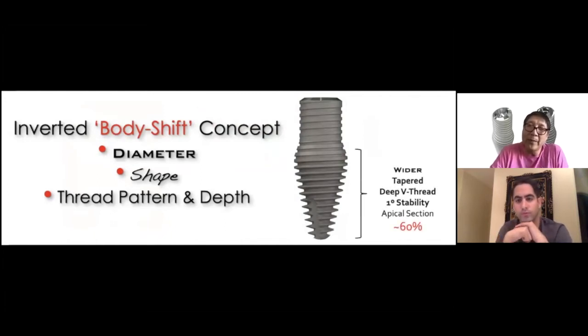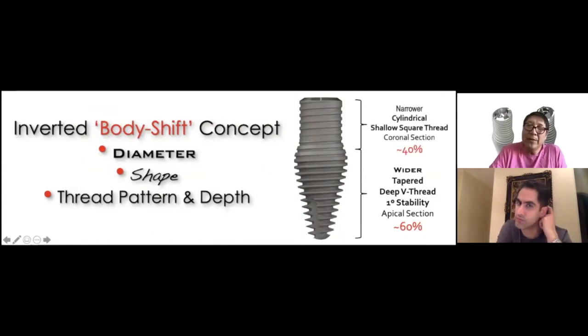So the bottom length or portion has more aggressive V-shaped threads and a wider, more tapered design. This is the wider portion here. The length would be roughly, say, 60%, and the coronal portion is cylindrical, with fewer threads, square threads, more shallow threads, because for peri-implantitis you wouldn't want deep threads, as those are great plaque traps.